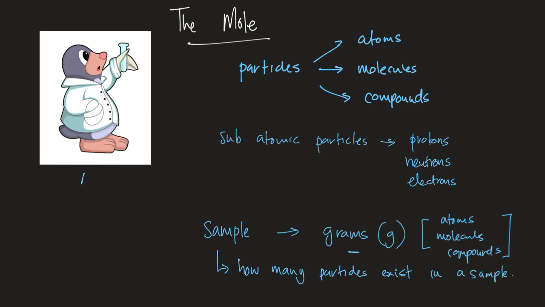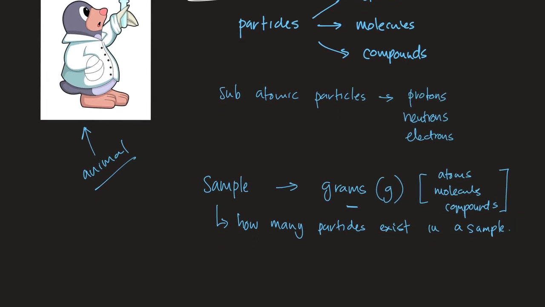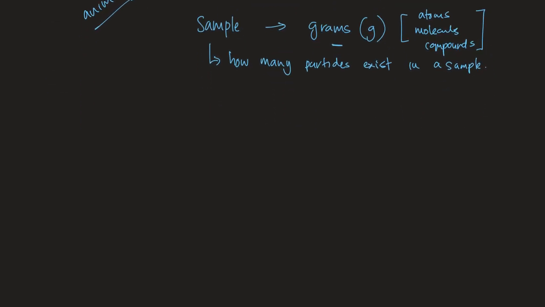So this mole over here, this is the animal, the mole. We're not looking at the animal. We are looking at the amount of substance. When we talk about the amount of substance, we talk about the mole. Like all units, a mole has to be defined based on something that's reproducible.